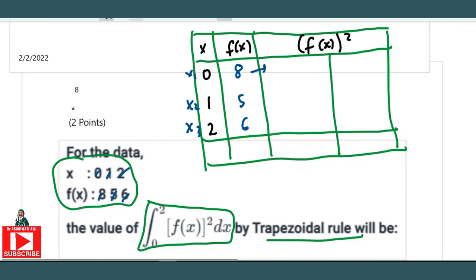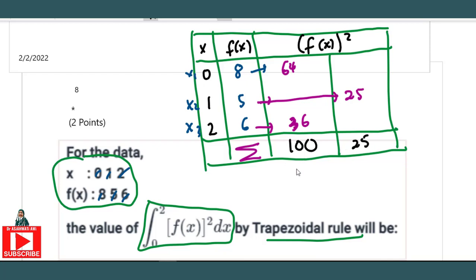So for the first, 8 squared, 64 right here. For the second, 5 squared is 25. Then 6 squared, 36. And then total 64 plus 36 is equal to 100. And here 25.